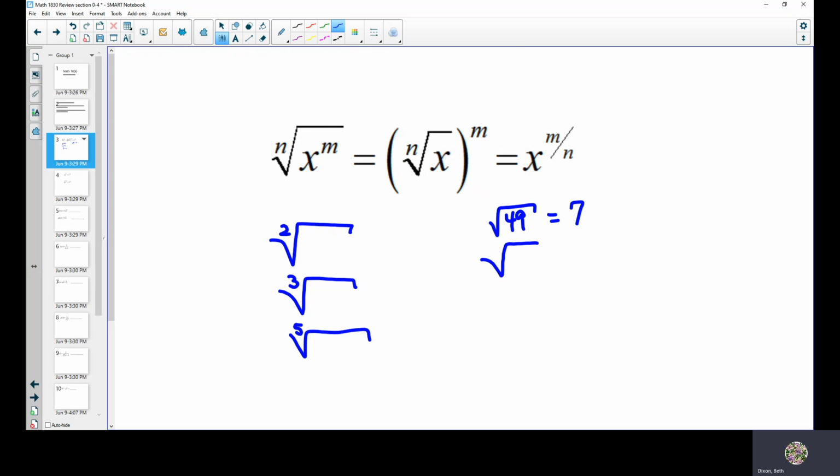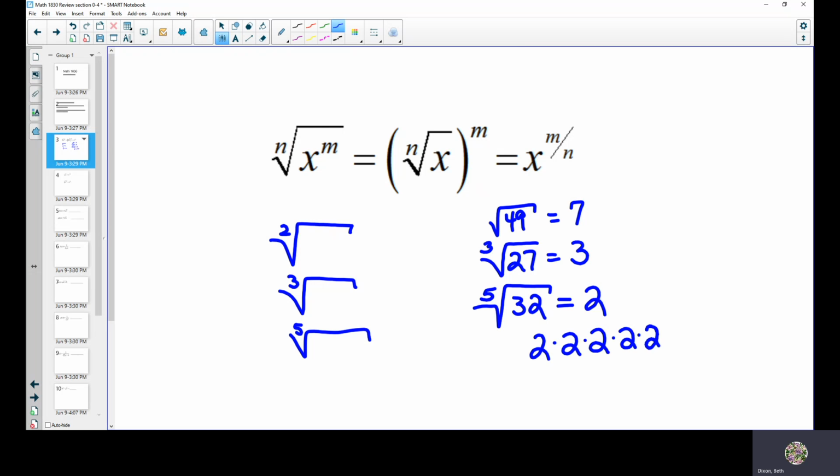If I'm looking for the cube root of 27, that would be 3, because 3 times 3 times 3 is 27. If I'm looking for the 5th root of 32, that would be 2, because 2 multiplied by itself 5 times gives me 32.